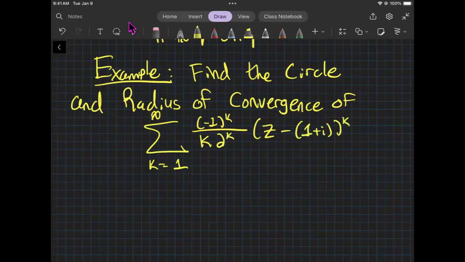Okay, so pause the video and I want you to work on this, showing that the series converges or diverges, okay?